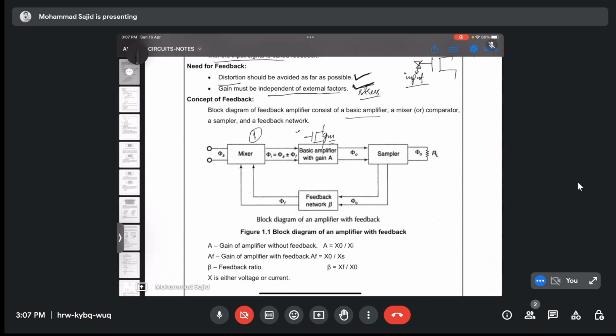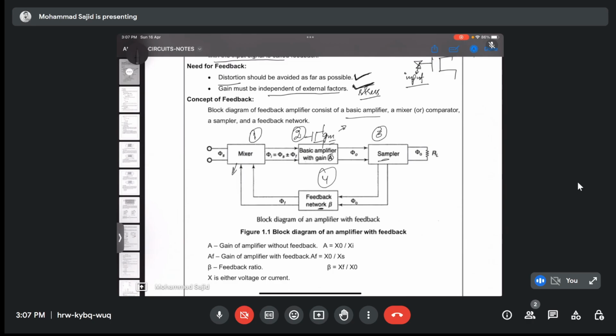Number one is the mixer. Number two is your main transistor, the main amplifier. Number three is your sampler, and the fourth is your feedback network.